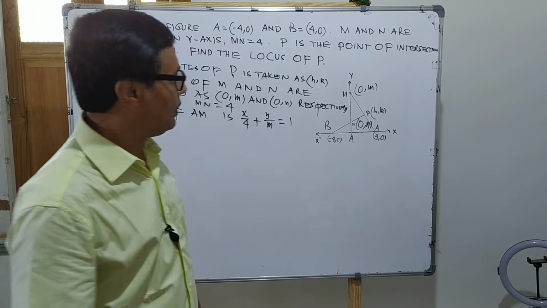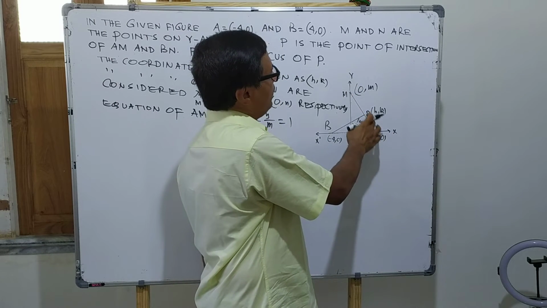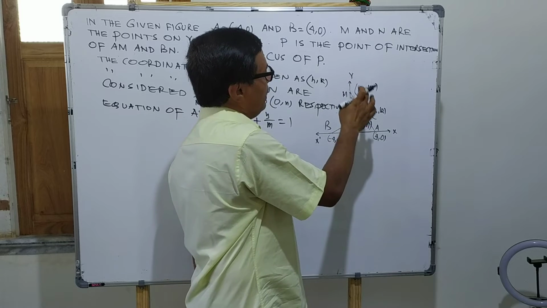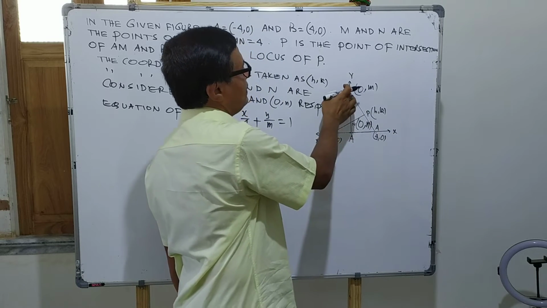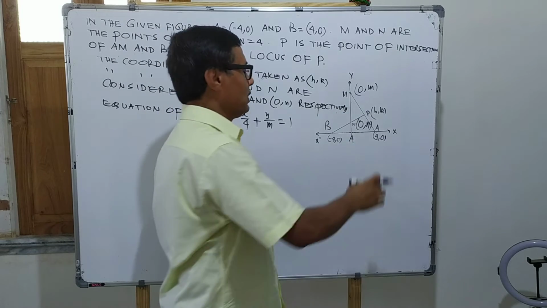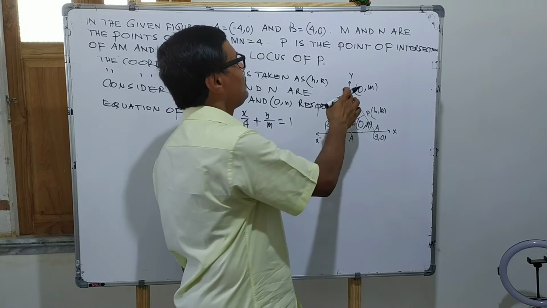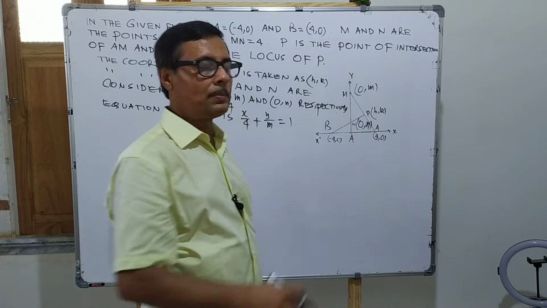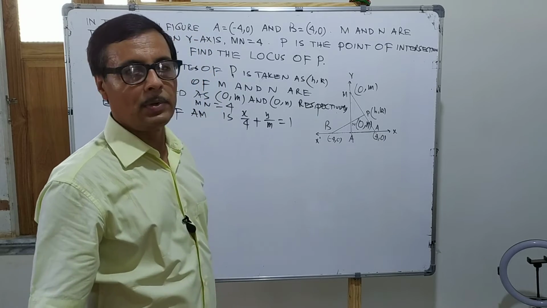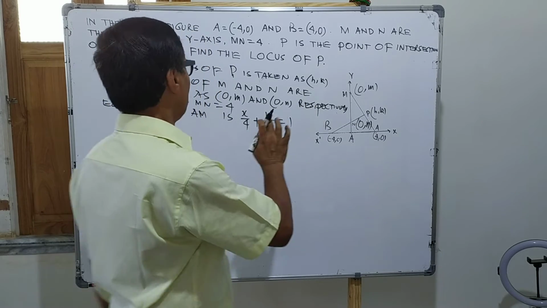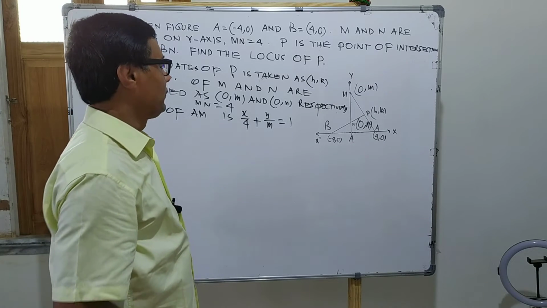This is the intercept form of the line AM, because one of the 2 points is on the x-axis and the other is on the y-axis, and the coordinate of A is given as 40 and the coordinate of M is considered as 0 m.